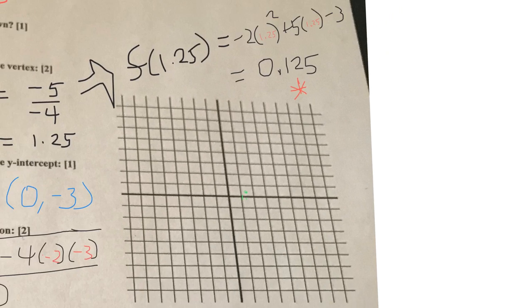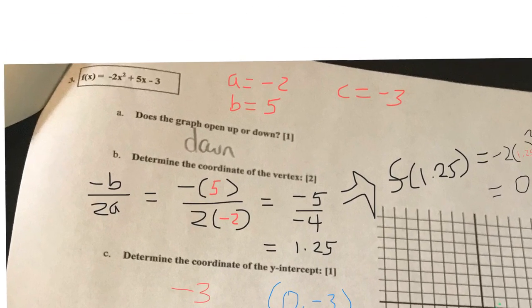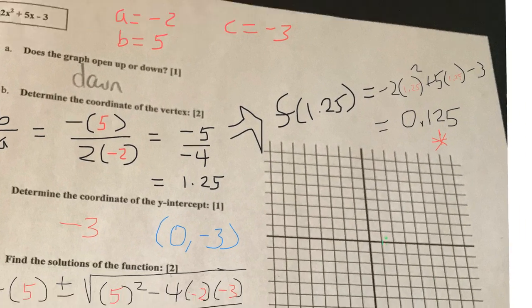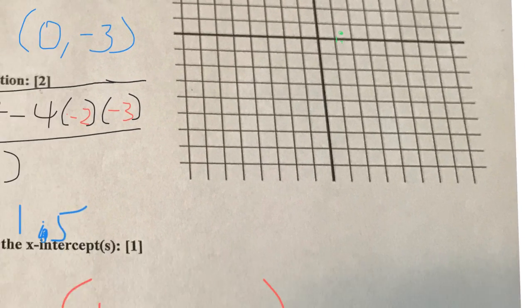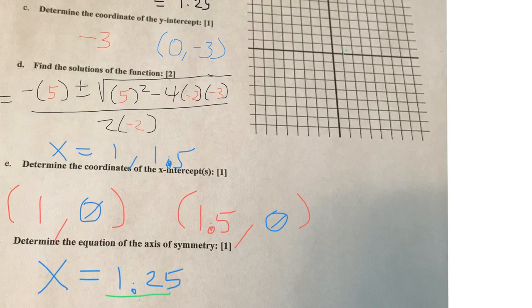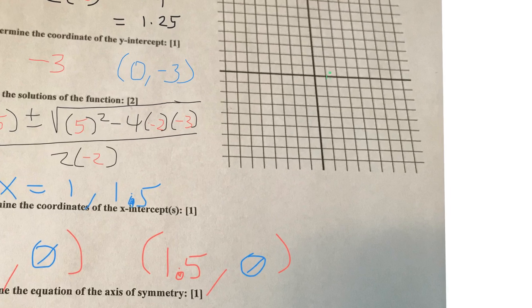All right. And what else do we have to contend with? Yeah, we know that it opens down, and we also know what the x-intercepts are. The x-intercepts are (1, 0) and (1.5, 0). So those would be two good points to graph.